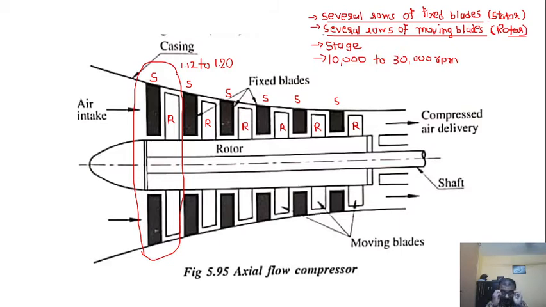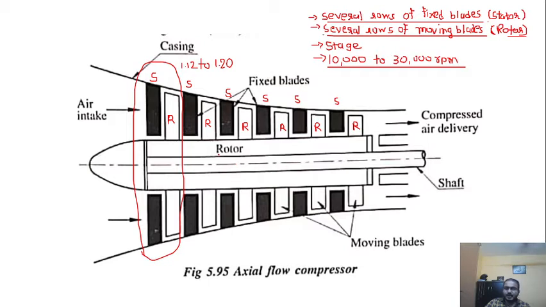And we have several stages of multiple stators and multiple rotor blades. One more thing which is important here is that the rotational speed of shaft is 10,000 to 30,000 rotations per minute. So you can imagine how quickly this entire compressor will be functioning.